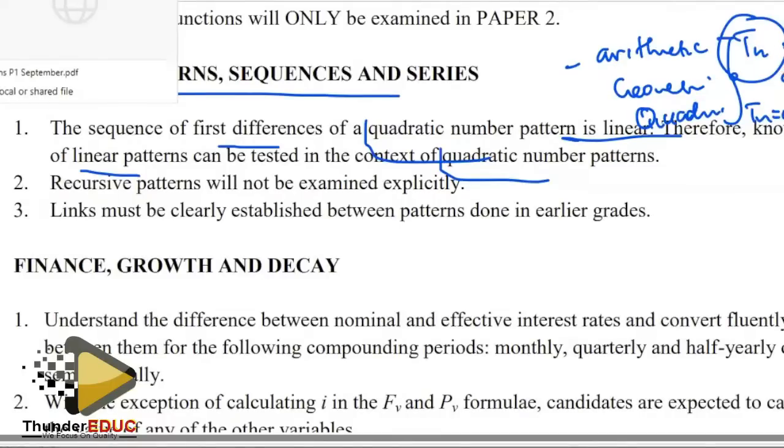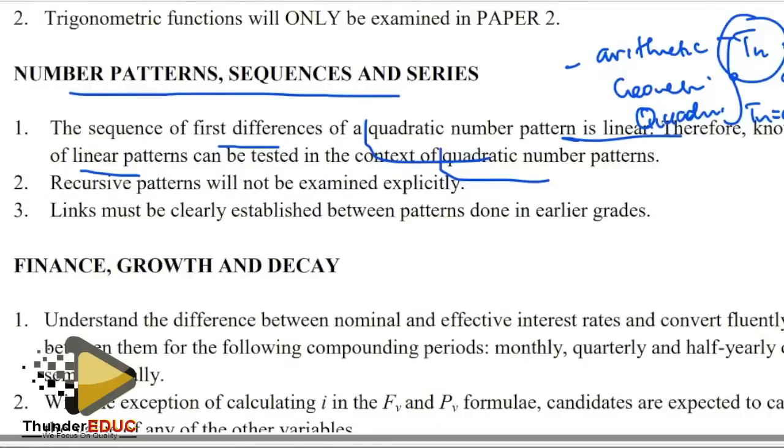So all these need to be known, whereby a represents the first term for the first 2, n is the position, d is the common difference, and r becomes the common ratio.